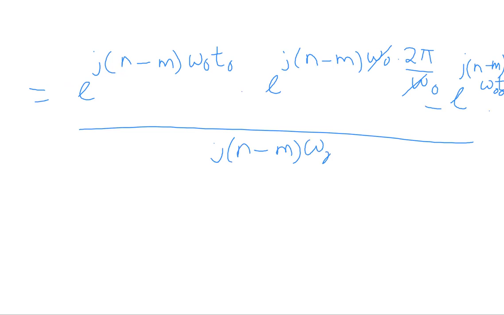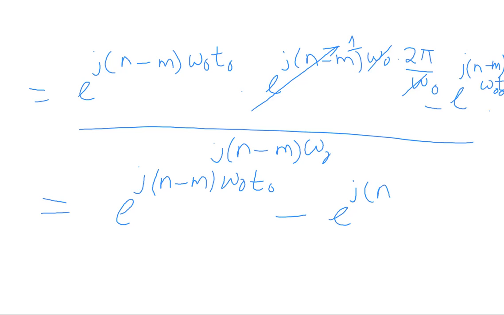Since e to the power j n minus m 2 pi is always 1, because e to the power j 2 pi and any multiple of 2 pi is always 1, that is going to be the same: e to the power j n minus m omega 0 t0 minus e to the power j n minus m omega 0 t0.